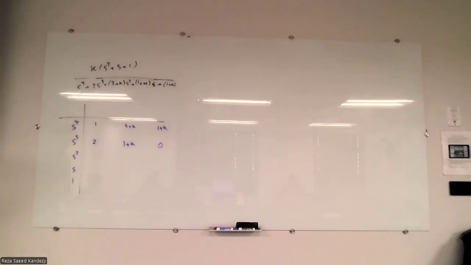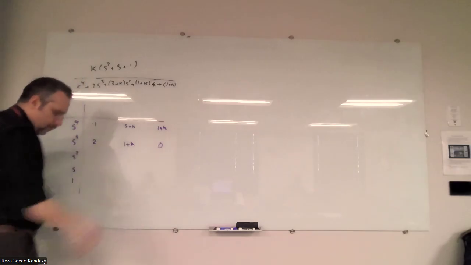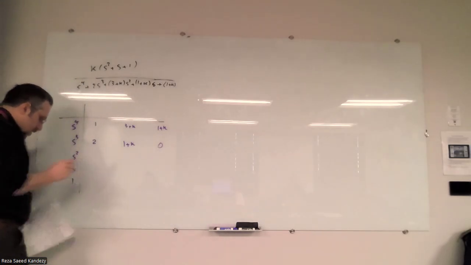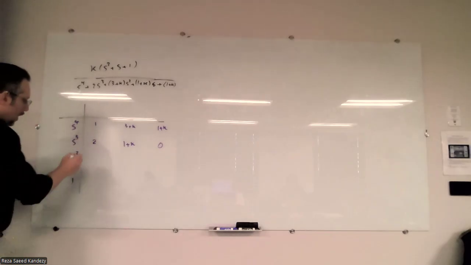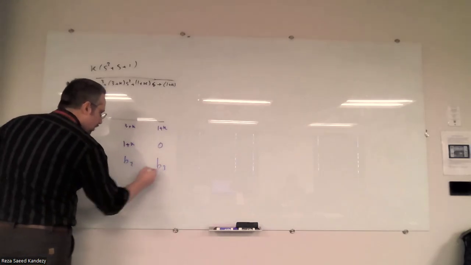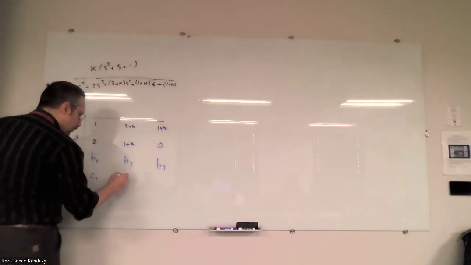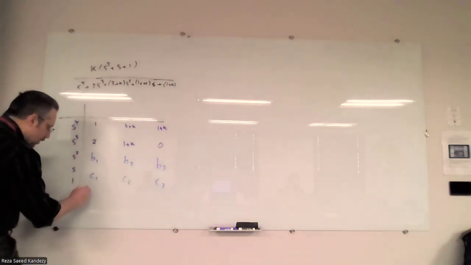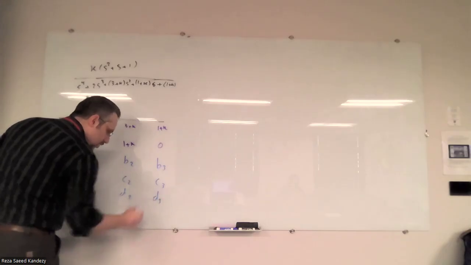We learned that we can develop the rest of it using the components in the first two rows. If you remember, we named these extra columns, for example, B1, B2, B3, and the next column was C1, C2, C3, and the last one is going to be D1, D2, and D3.